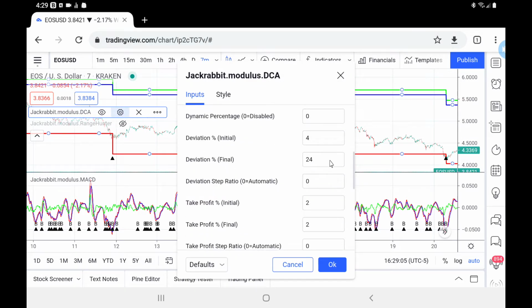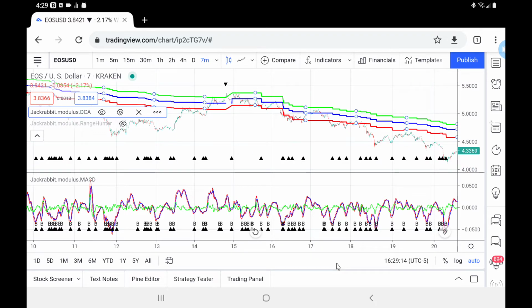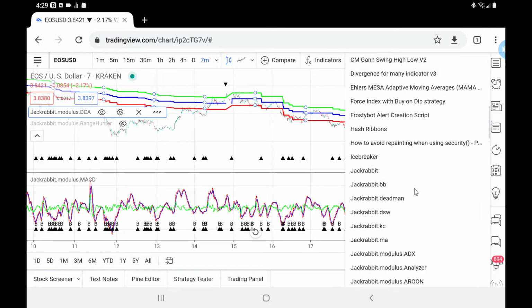So let's put this back to the default of 2-2. And let's see if we can add a volatility indicator. Let's go with Bollinger Bands.